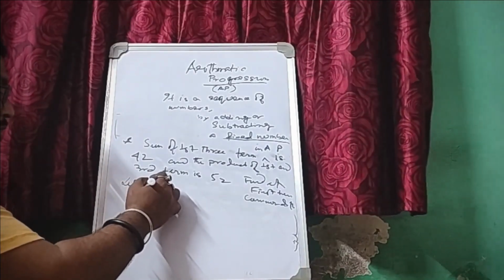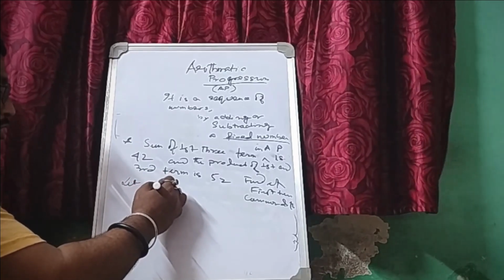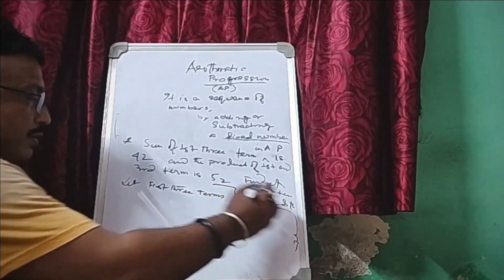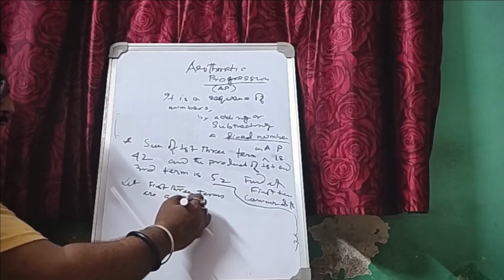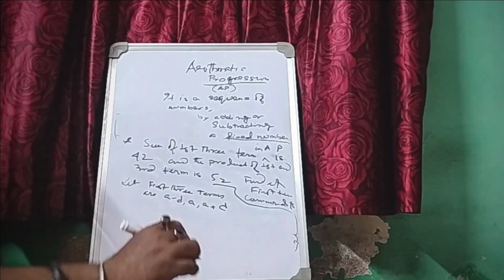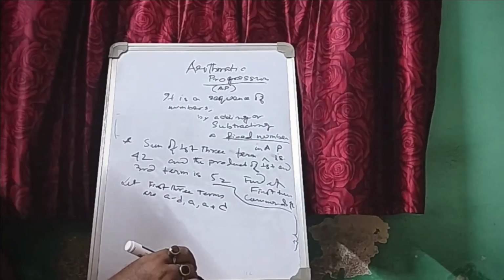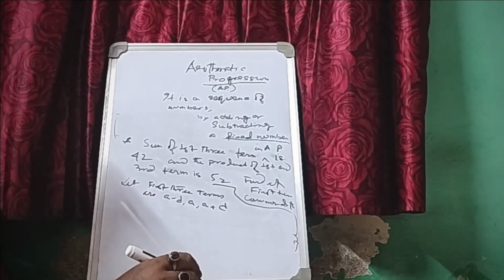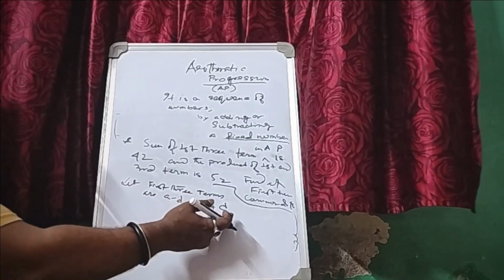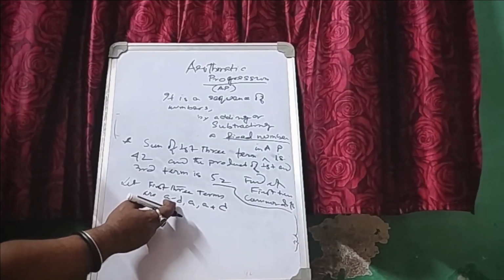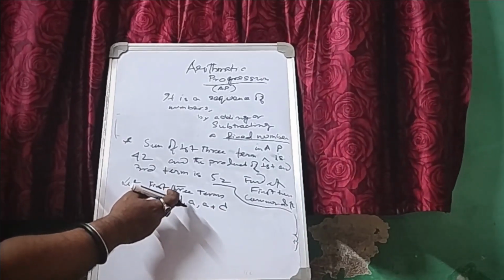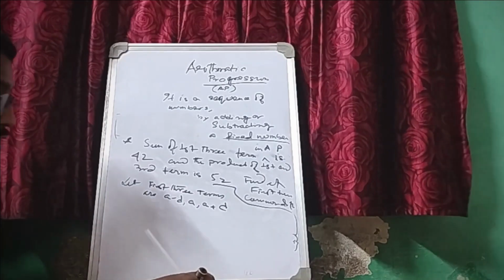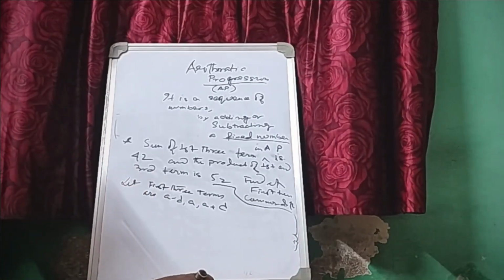Let the first three terms be a minus d, a, a plus d. You will ask, why sir? Why in this way? Because it has an advantage. When you sum the three numbers, minus d and plus d will be eliminated, and a will be there. So it will be easier for us to find out the first term of the series.